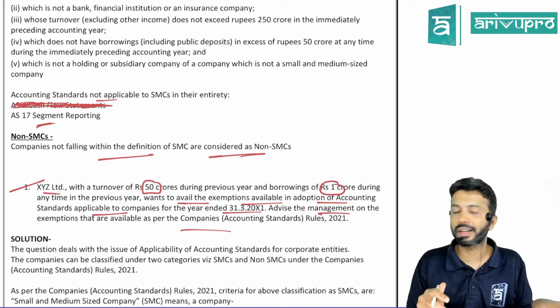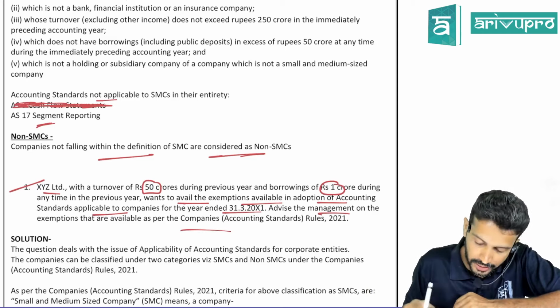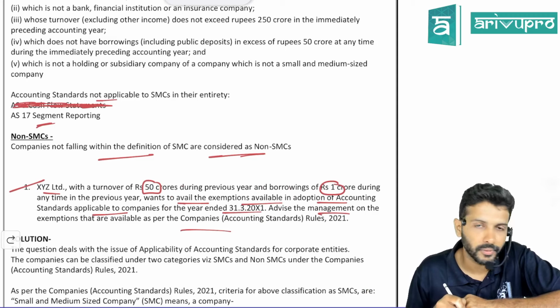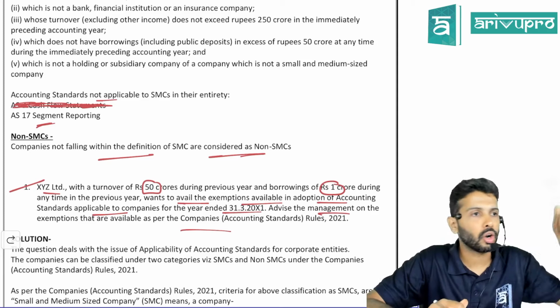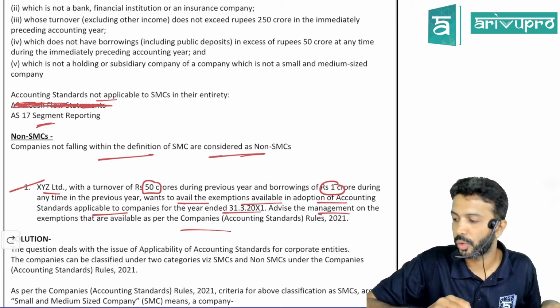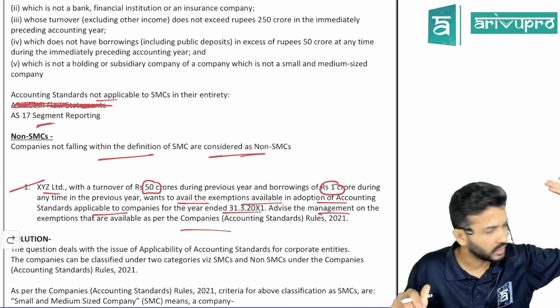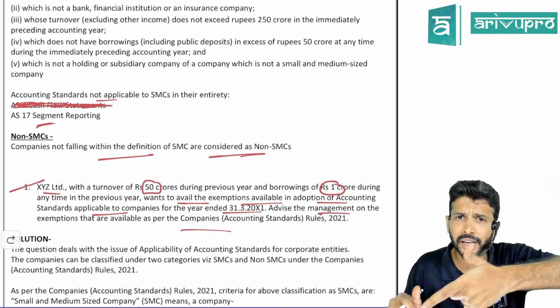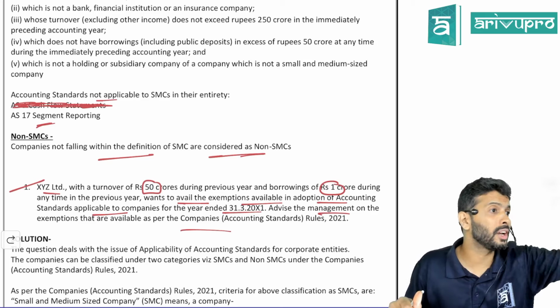Advise the management whether accounting standard exemptions are available or not available. Check and tell me, sir. Whether this company is an SMC or not an SMC. SMC, what is the limit? 1, it should not be listed. Have they told anything about listing? Leave that. Okay. Have they told it is a bank, insurance company, finance company? No. Turnover.